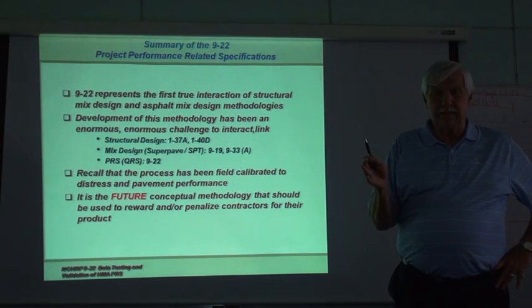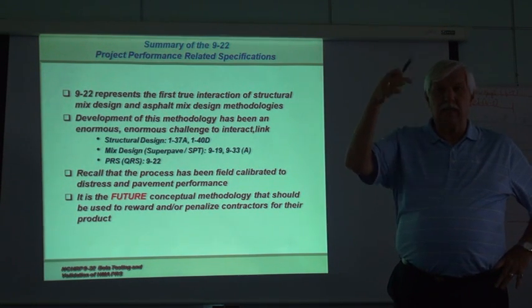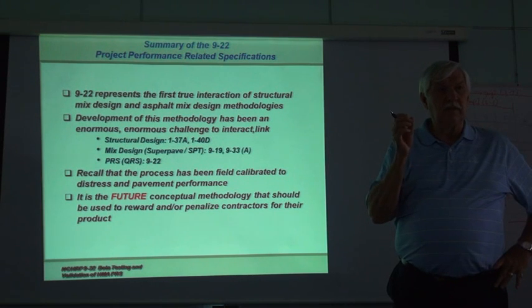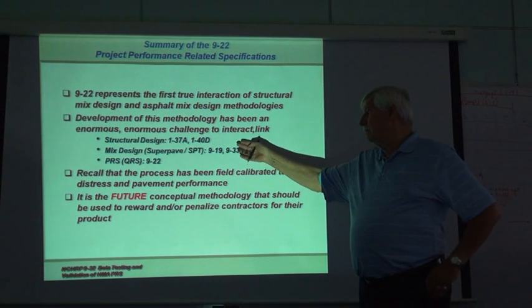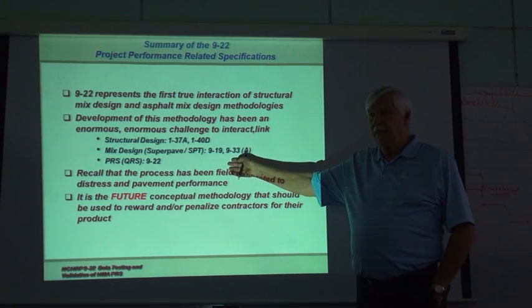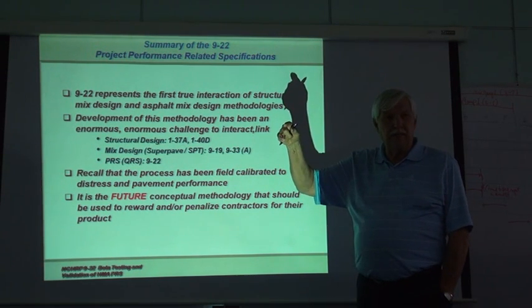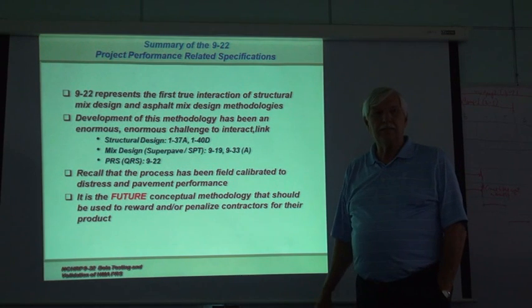But in the United States, from the northern border with Canada to the southern border with Mexico, from the Atlantic Ocean to the Pacific Ocean, it works reasonably well. And we have national calibration factors that I can adjust for fatigue design, thermal fracture, rutting of the asphalt. I can do all these things very well. And as we try to do performance-related specifications, don't forget that PRS has been field calibrated to a national mechanistic model that we have.